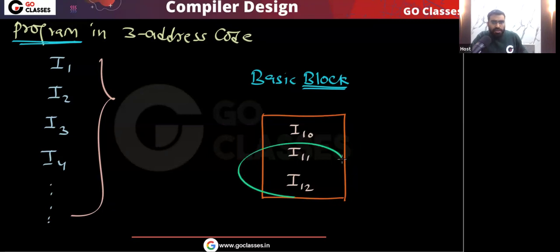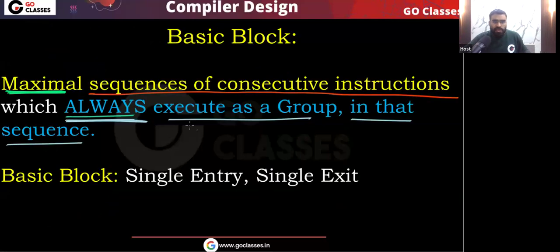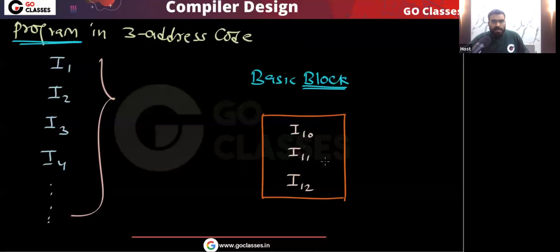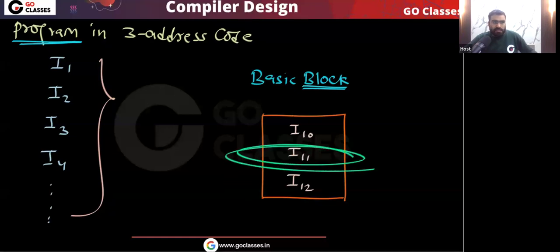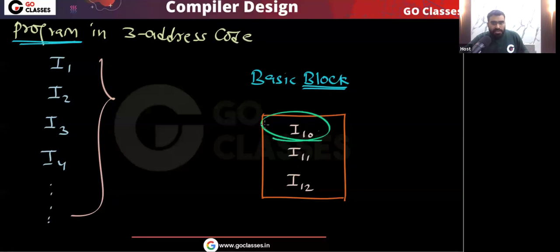You cannot execute only these two. You cannot execute only this. They will always execute together. Once you execute I10, then automatically after that I11 definitely will execute, and after that I12 will definitely execute. No one can stop. Is this clear?